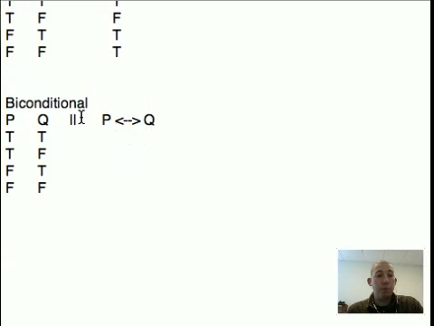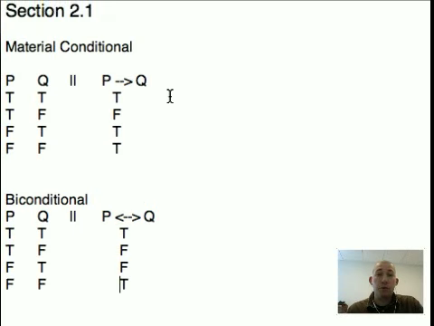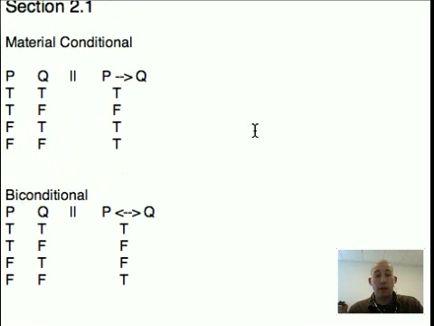When both P and Q are true, the biconditional is true. If P is true but Q is false, the biconditional is false. When P is false and Q is true, the whole thing comes out false. And when both P and Q are false, the whole thing comes out true. Okay, so these are the last two connectives we're going to introduce in our language.